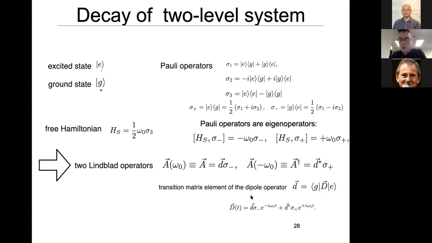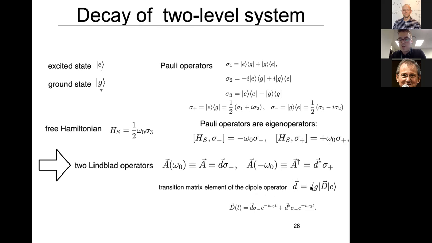So basically, this dipole operator can be written as a sum of sigma plus and sigma minus, where we also have these coefficients, which are the transition matrix elements of the dipole operator.